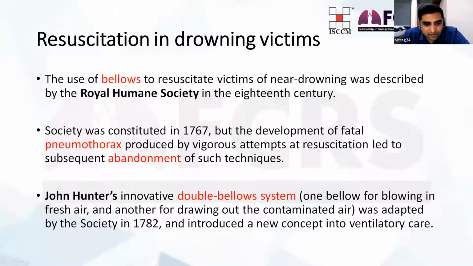But thereafter, John Hunter innovated a double bellows system, one bellows for blowing in fresh air and another for drawing out the contaminated air. It was adopted by the society in 1782 and introduced a new concept of ventilation.